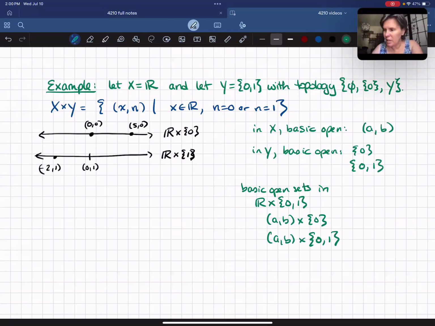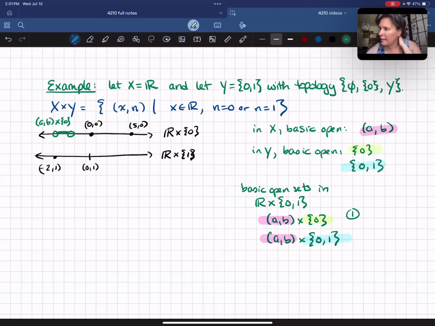So I'm basically just taking the basic open sets in X crossed with the basic open sets in Y. What would those look like? There are two types here. Type 1 is open intervals crossed with {0}, so points of the form (x, 0) where x is between a and b. A typical open set of that type might look something like that. That's a typical open set of the form (a, b) crossed with just {0}.